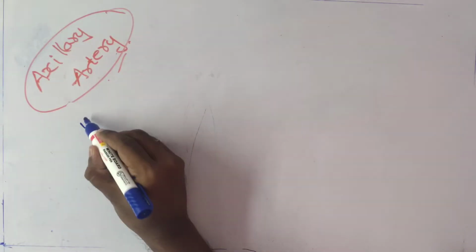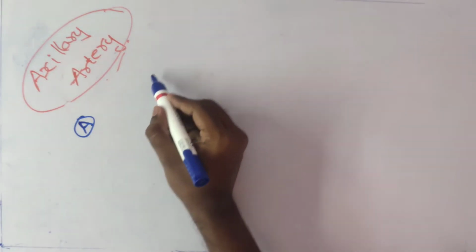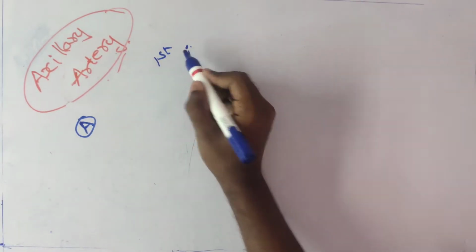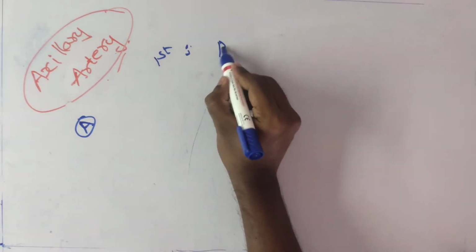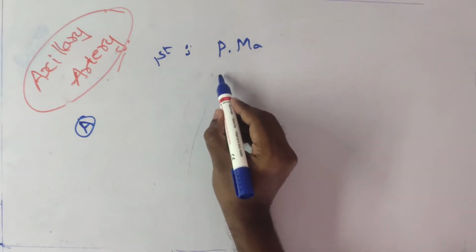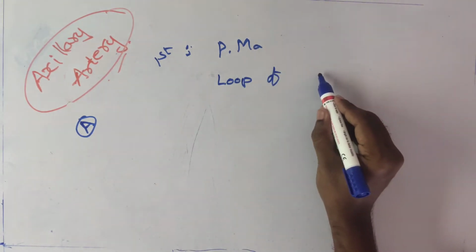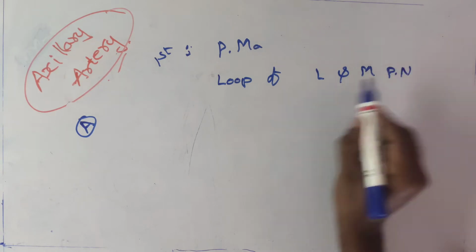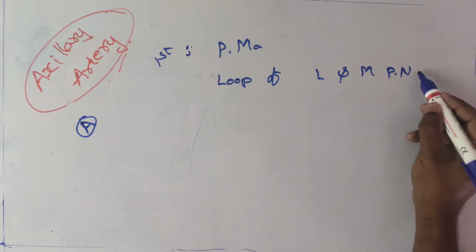Now coming to the anterior relations, we will write the anterior relations of all the 3 parts: first part, second part and third part. The anterior relation of the first part is pectoralis major and the loop of communication between the lateral and medial pectoral nerves.